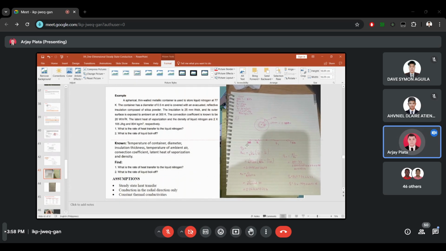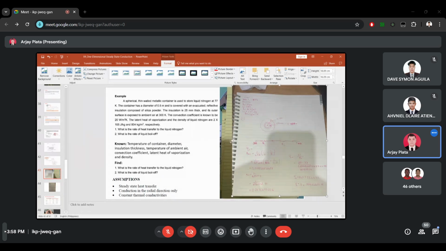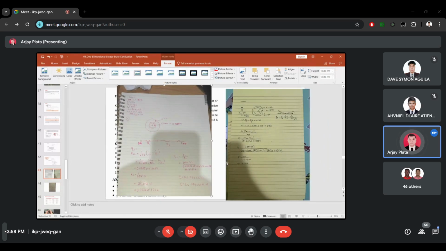what's the value of thermal conductivity here? There's no given value. So Ara, where did you get this 0.0017 watt per meter Kelvin?